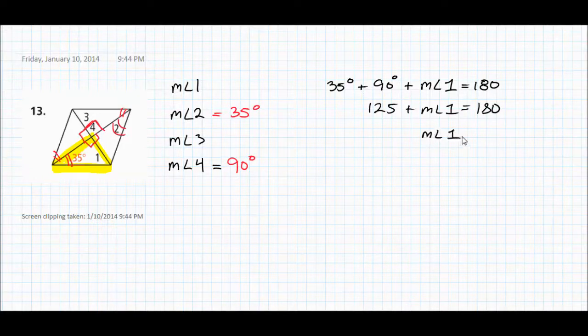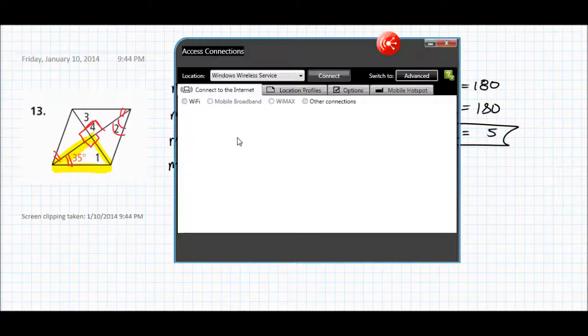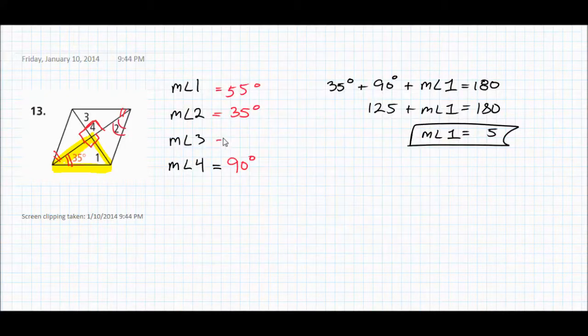The measure of angle 1 must be 65. So if the measure of angle 1 is 65, actually it's 55, the measure of angle 3 must be 55 as well.